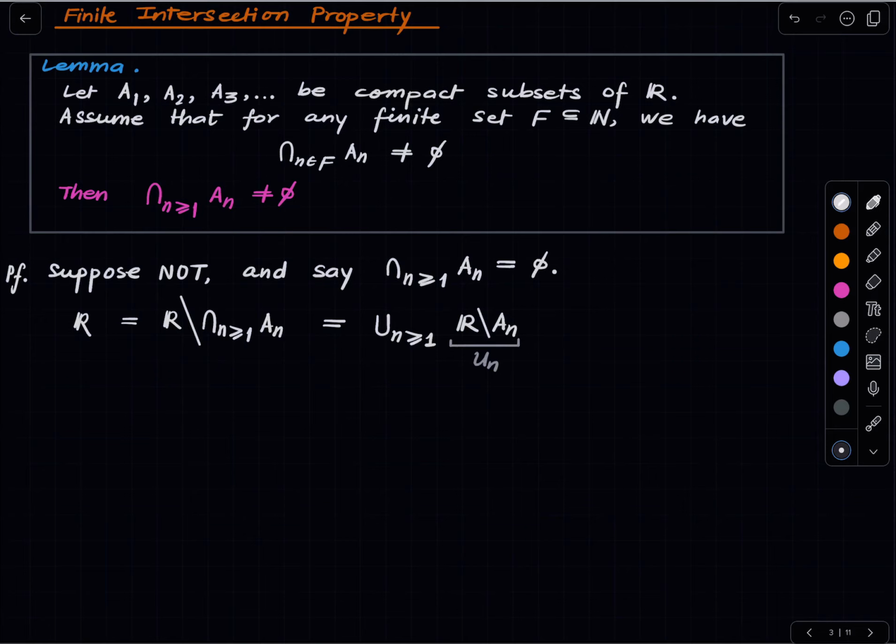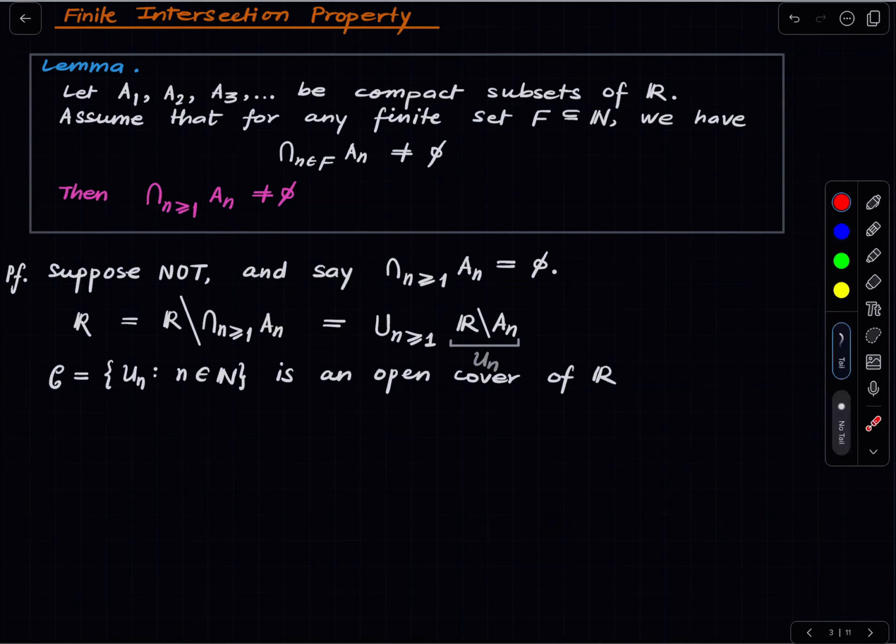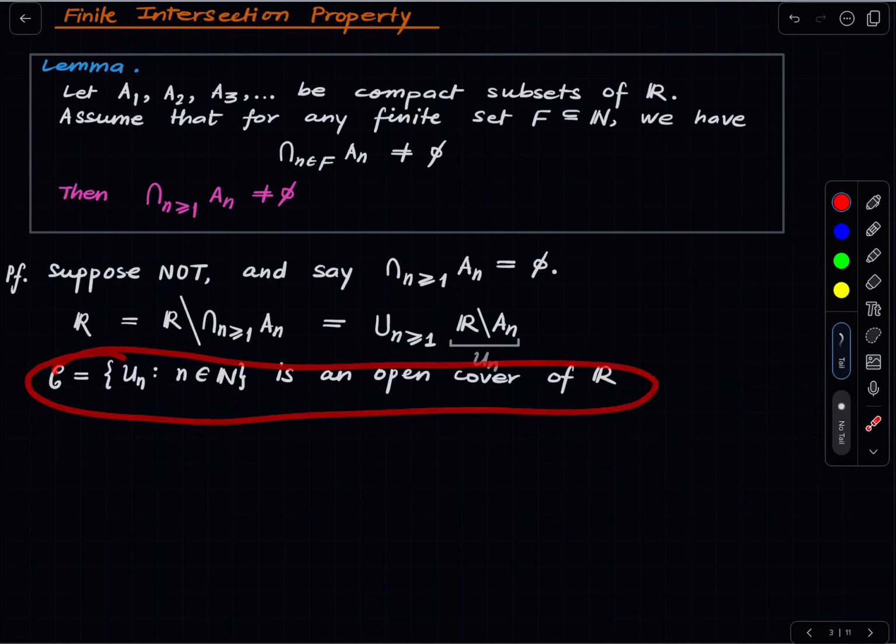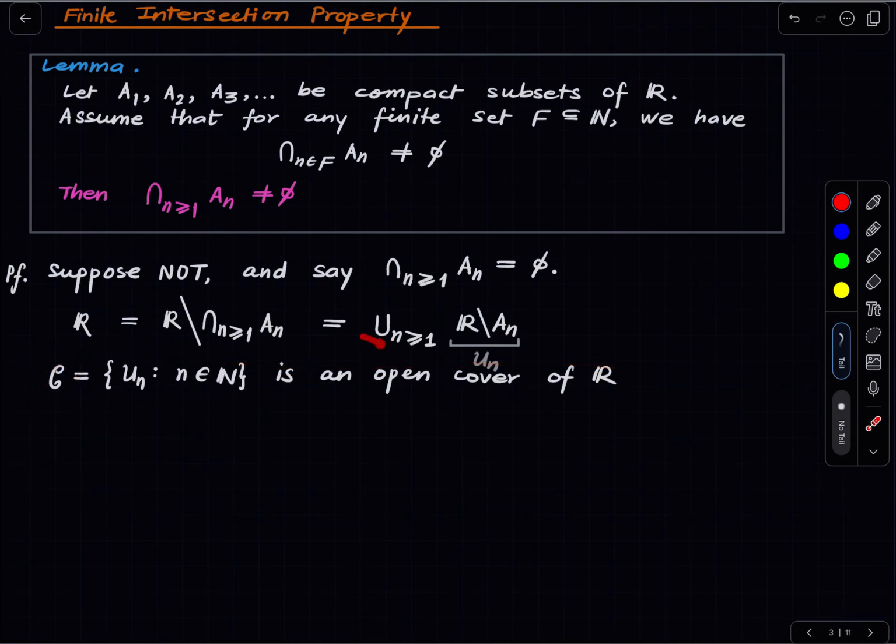Now if we define script C as the collection of all the Un's, this is an open cover of the reals. Why? Because the union of the Un's is R, and each Un is open.